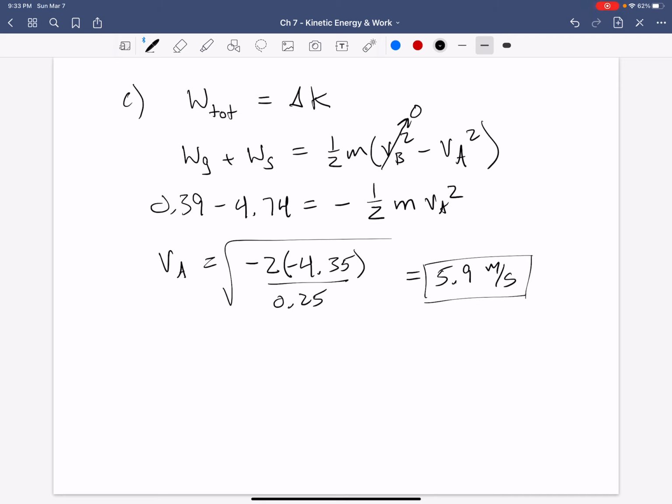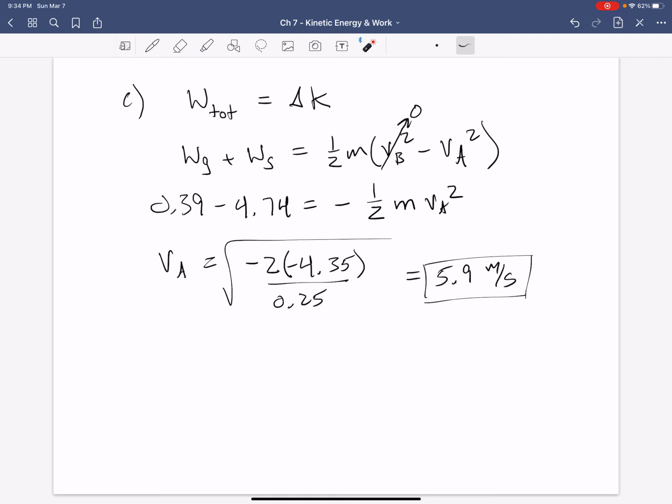Okay, so this was using the work kinetic energy theorem, and it worked out, right? We get a positive speed. And so again, what this means qualitatively is that because there was a negative change in kinetic energy, it went from some initial speed down to zero.